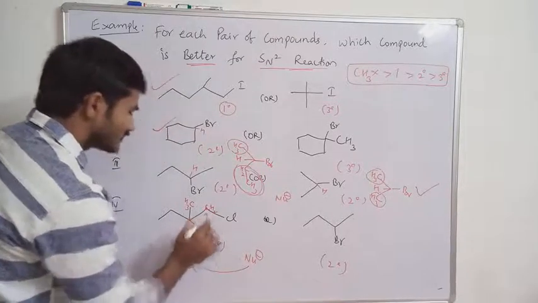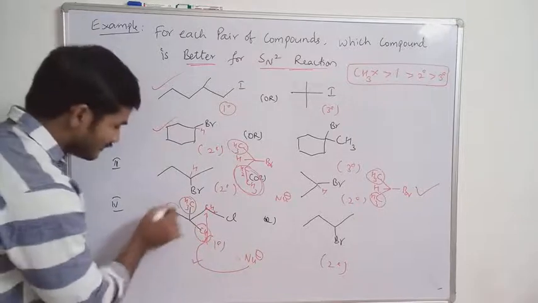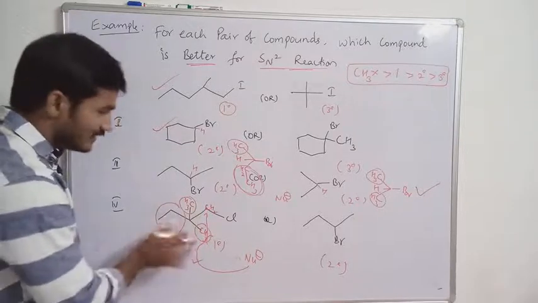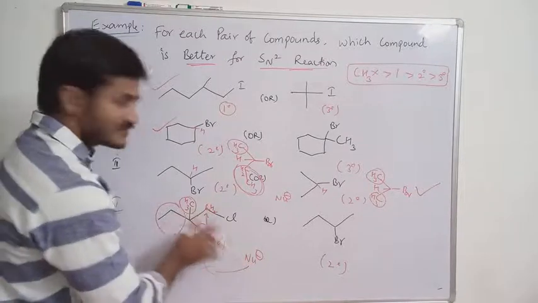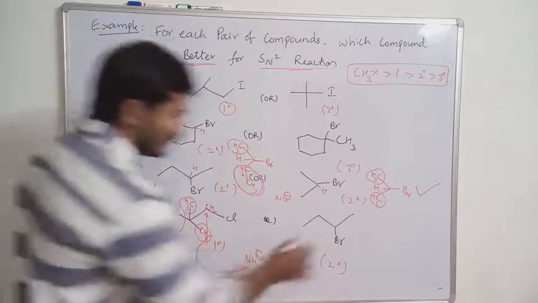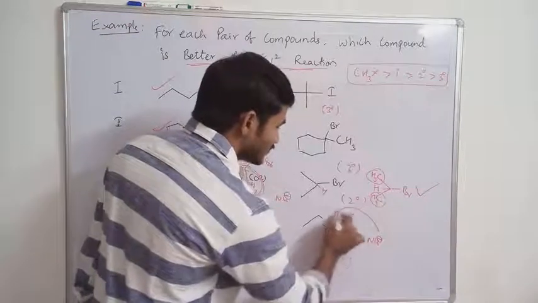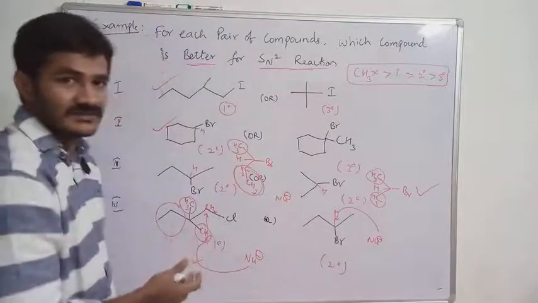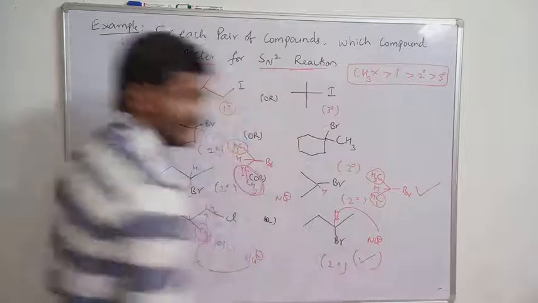To attack from the back side, these two groups are highly hindering. Because of these 3 bulkier groups, SN2 at this carbon is a little bit difficult. Whereas here, even though it is secondary, nucleophilic attack is somewhat better in this substrate. So this is said to be the better substrate.